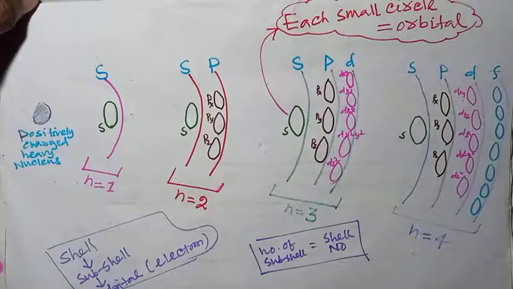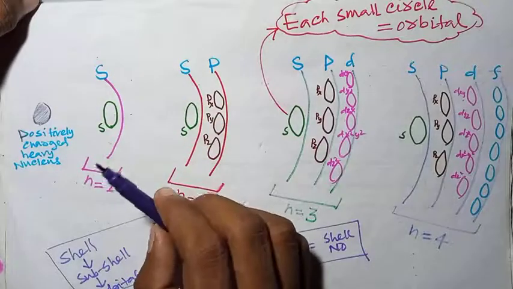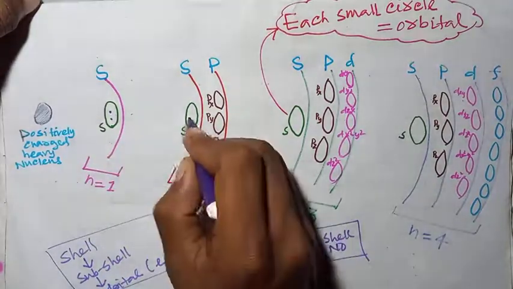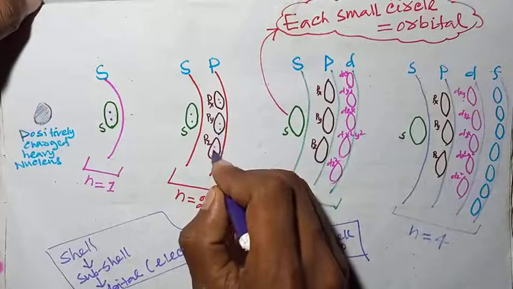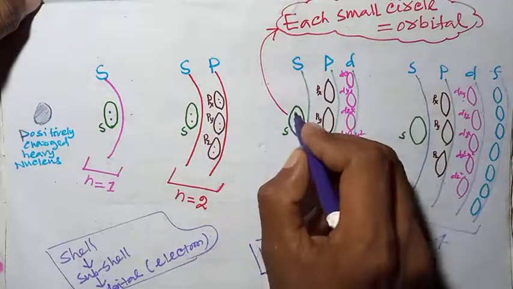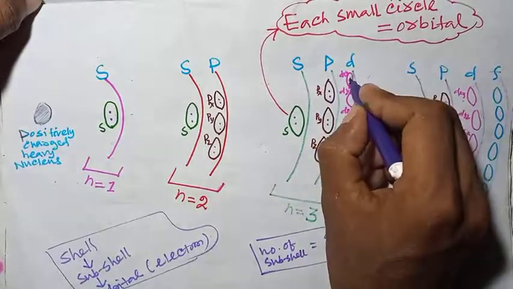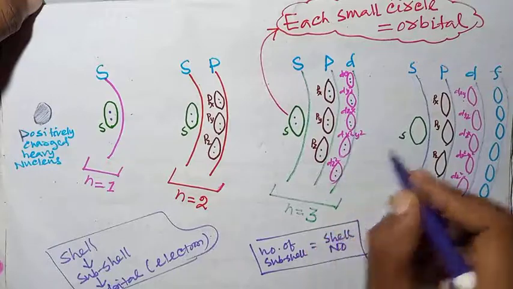So we can fill electrons. Since each orbital has a maximum of 2 electrons, this contains 2 electrons, this contains 2, this contains 2 and this also contains 2 electrons. Similarly we can fill electrons in other orbitals. Each orbital can have a maximum of 2 electrons.